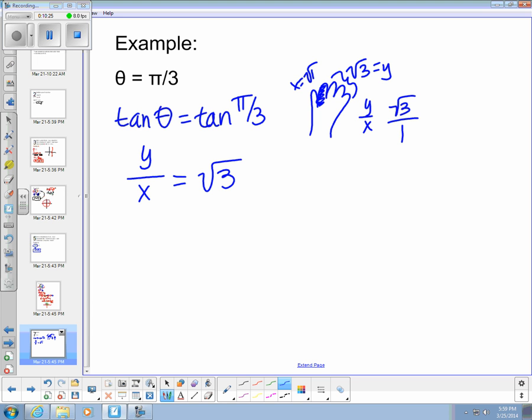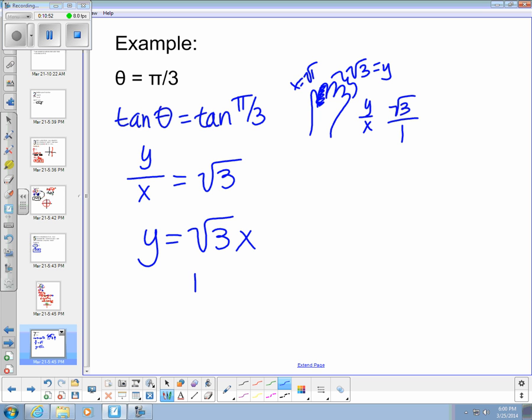So now my equation has only x's and y's, but I want to write this in y equals form. So if it's y divided by x, the opposite of division would be to multiply. So if I multiply x to both sides, I will just get y equals the square root of 3 times x. Even though it has a square root, it's still in linear form, y equals mx plus b form.